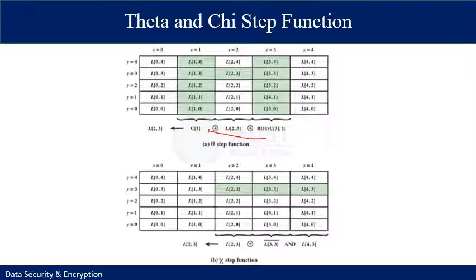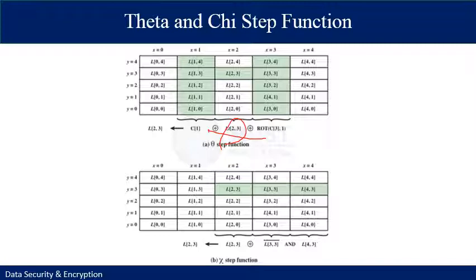So this figure shows the operation of the function on the value of the matrix in the second row and the third column, referred to as L2,3.